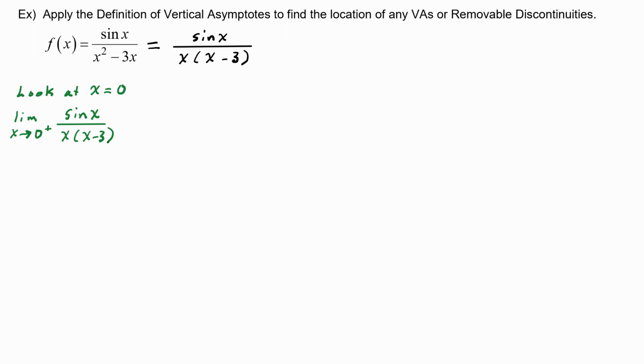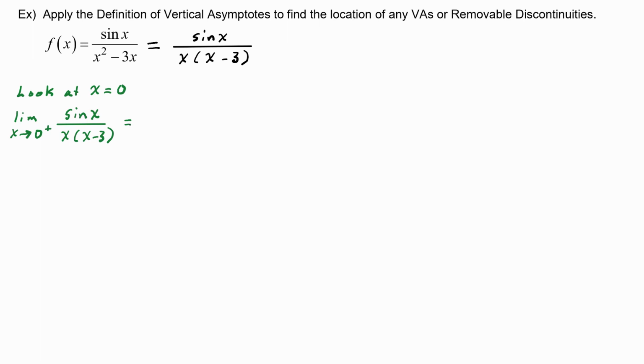Now, if we just tried to do direct substitution, the sine of 0 equals 0, and if we plugged in 0 for x here, 0 over 0 is indeterminate. So that tells us we will have to do some work on this limit in order to find it.